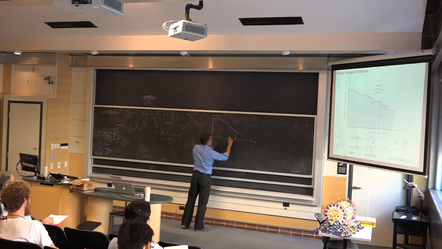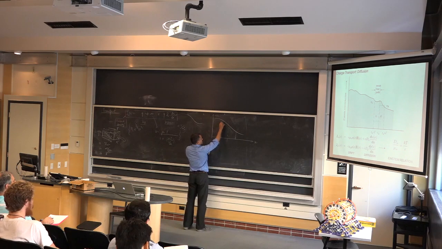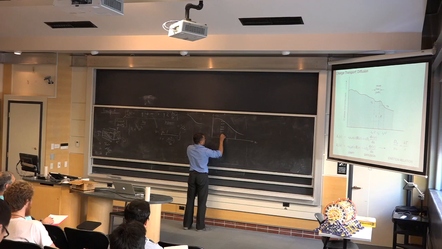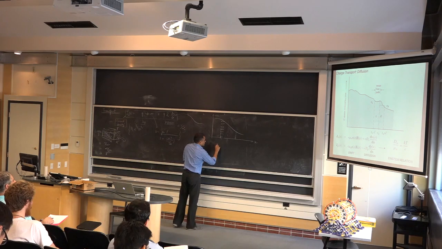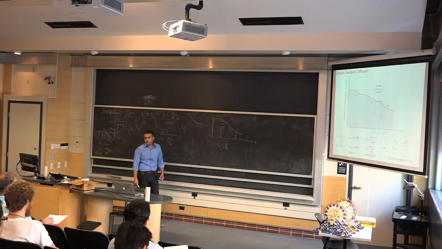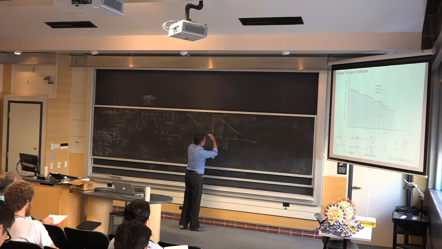But you can see in a very simple way why there would be a net transport of carriers even if you don't have a field. There are a lot more electrons here, and you look at this plane. The carriers have some amount of thermal velocity. They're getting kicked around by the lattice, and the thermal velocity is roughly of the order of the square root of kT over the effective mass. Kinetic energy is half m v squared, so there's a factor of 2 and all that, but there's some amount of thermal velocity by which they're moving.